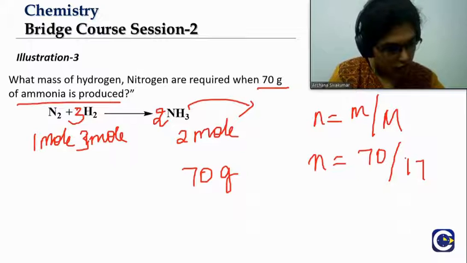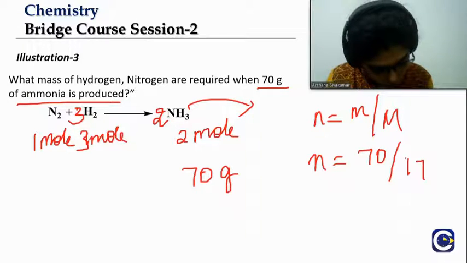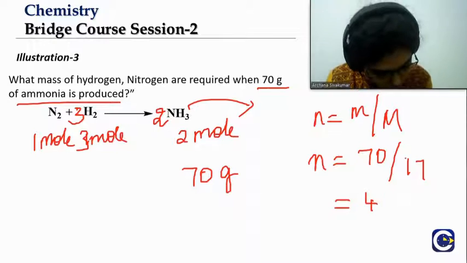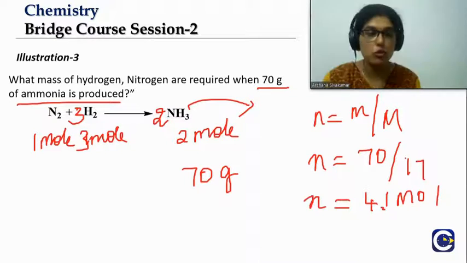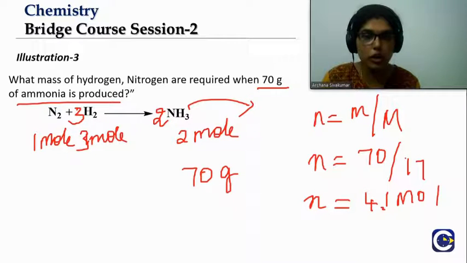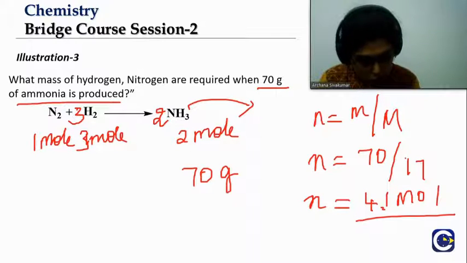If we divide that, 4.1 mole is what you will get. So the number of moles of ammonia is 4.1.